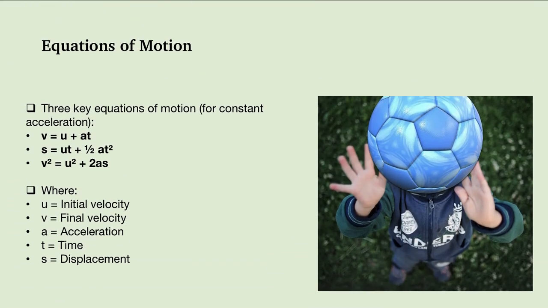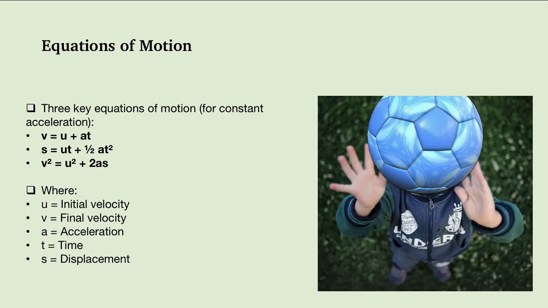To analyze motion mathematically, we use three equations of motion. v = u + at, the formula for final velocity. s = ut + ½at², the formula for displacement.